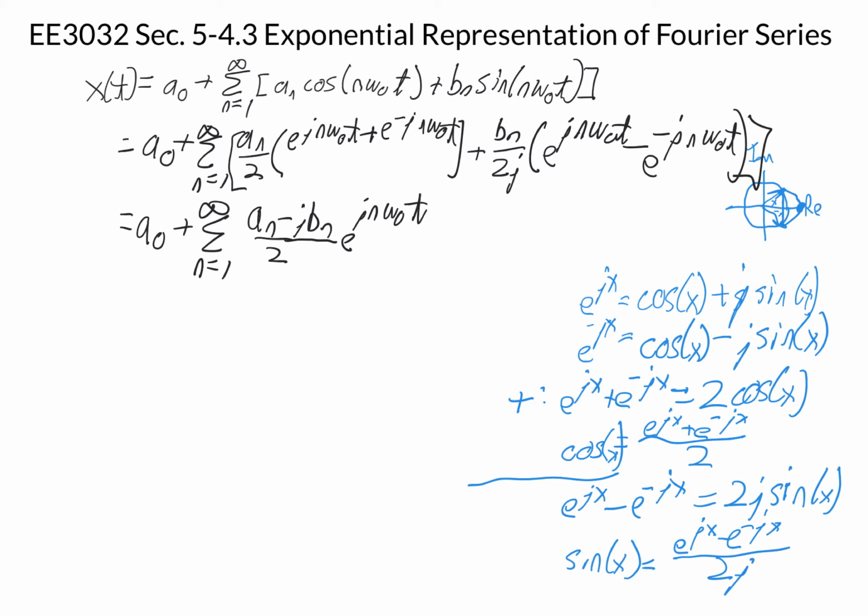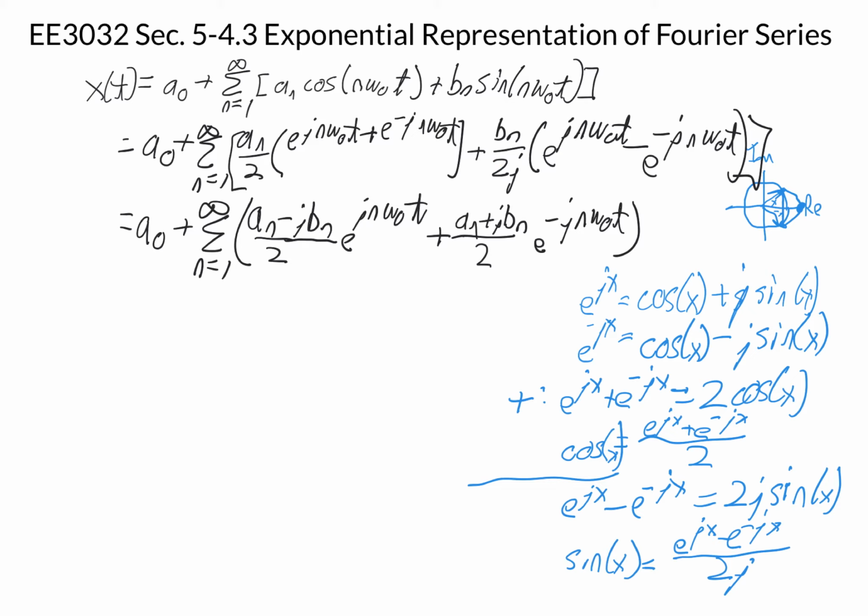And then I have the negative exponent. So for that one, I'm going to have, again, a of n over 2, and I will have plus j b sub n in this case. So here I have minus b of n over 2j.